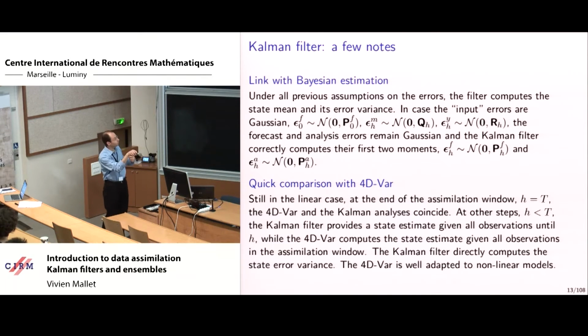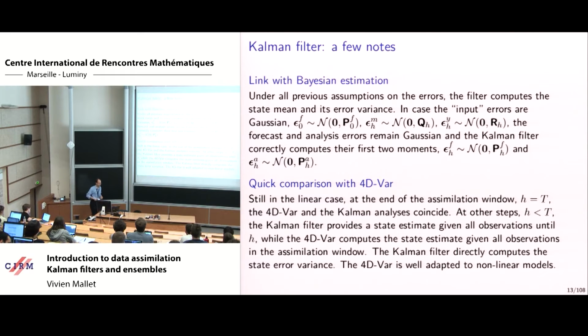And if you do so with the proper variances, the natural ones, you will see that we actually compute with the Kalman filter exactly the mean and the variance, so the first two moments of the error. That's why people refer to Kalman filters as Gaussian filters, or second order filters, because we look at the first two moments of the distribution. And in the linear case, when the model is linear, then we have exactly the exact distribution through its first two moments.